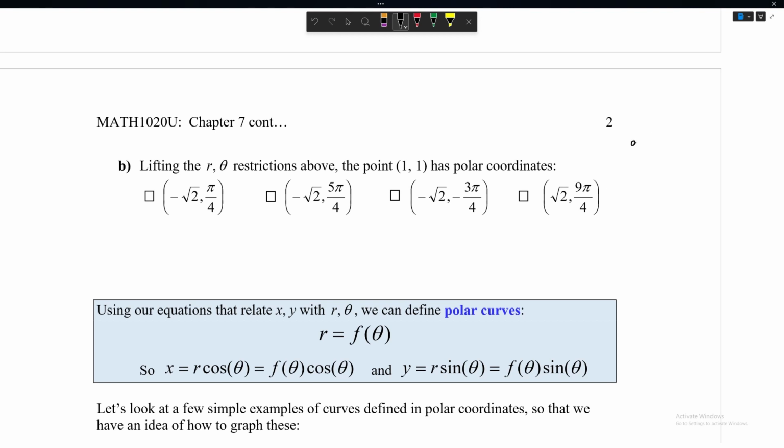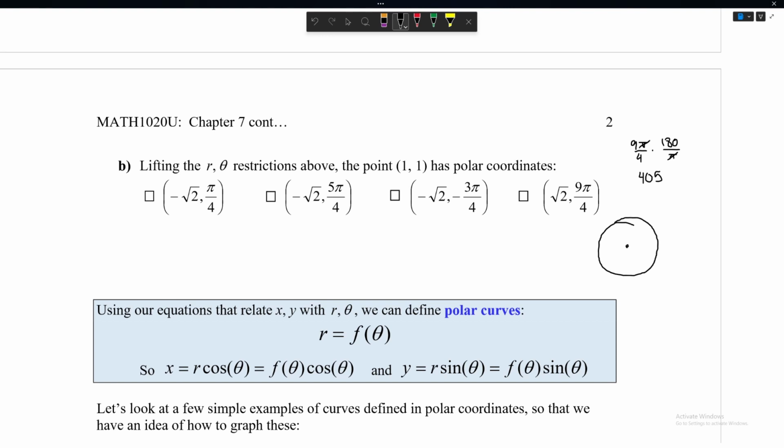So I'm going to do 9 pi over 4 times 180 over pi. The pi cancels out, so I can just do 9 over 4 times 180. What I'll get is 405. Alright, so now I'm going to draw a circle.